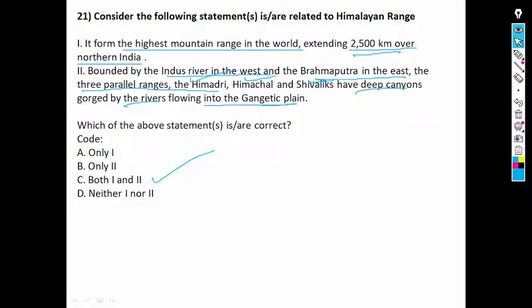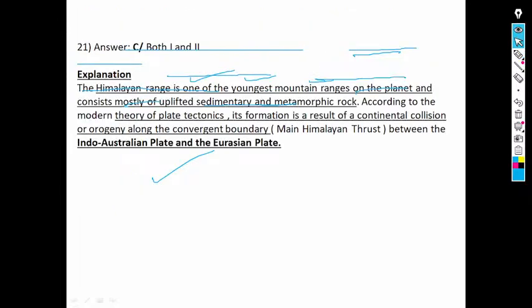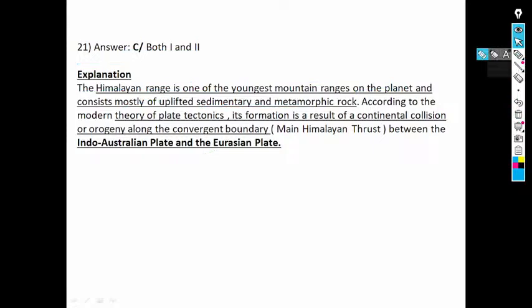Look, the Himalayan range is one of the youngest mountain ranges on the planet and consists mostly of lifted sedimentary and metamorphic rock.